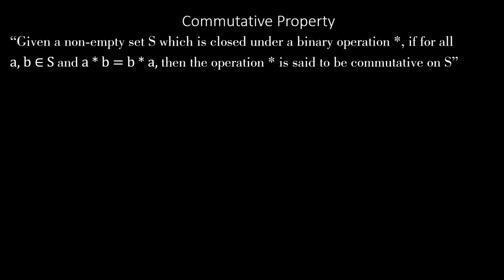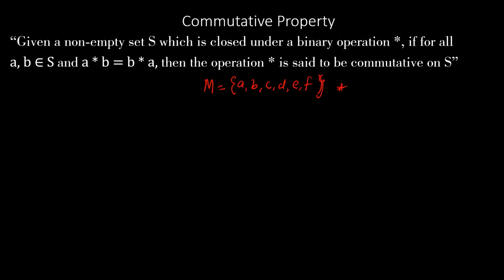The second property we are going to be looking at is the commutative property. Given a non-empty set S which is closed under a binary operation asterisk, if for all a, b elements of S, a asterisk b is equal to b asterisk a, then the operation asterisk is said to be commutative on S. To illustrate this, let's look at an imaginary set M which has elements a, b, c, d, e and f, and we have an operation asterisk here.